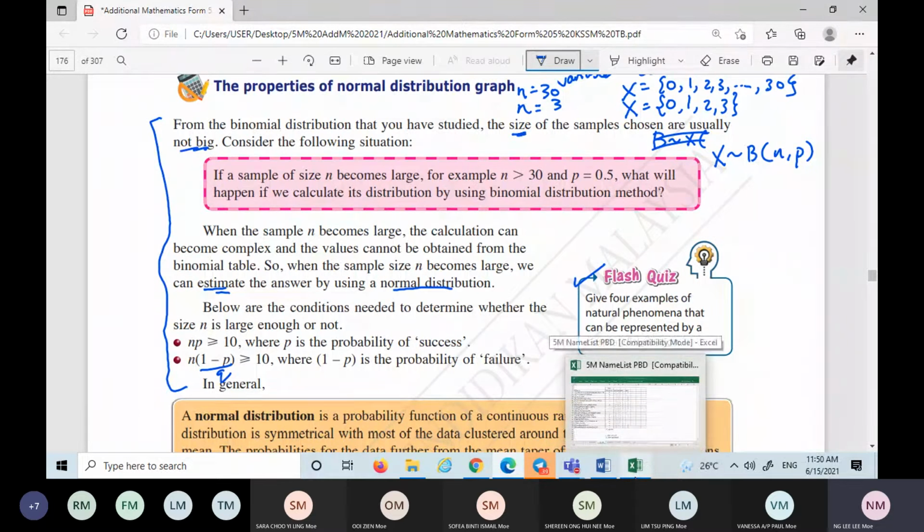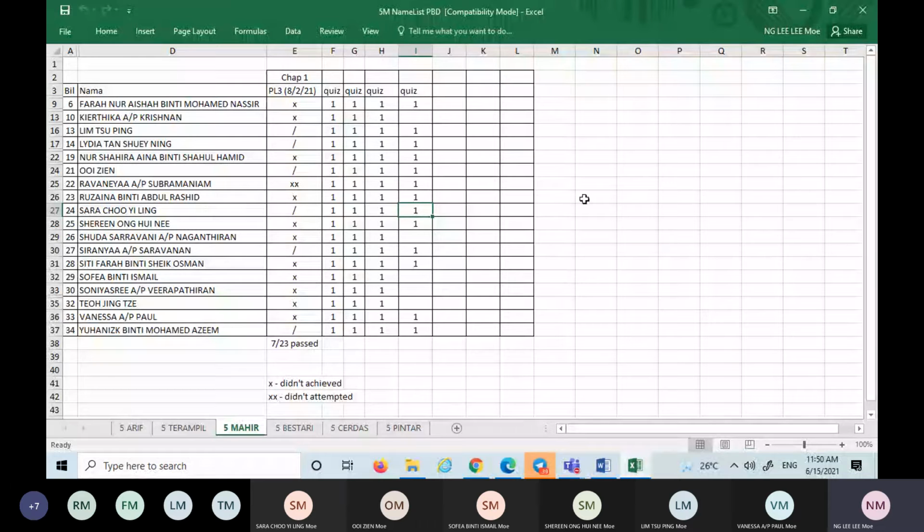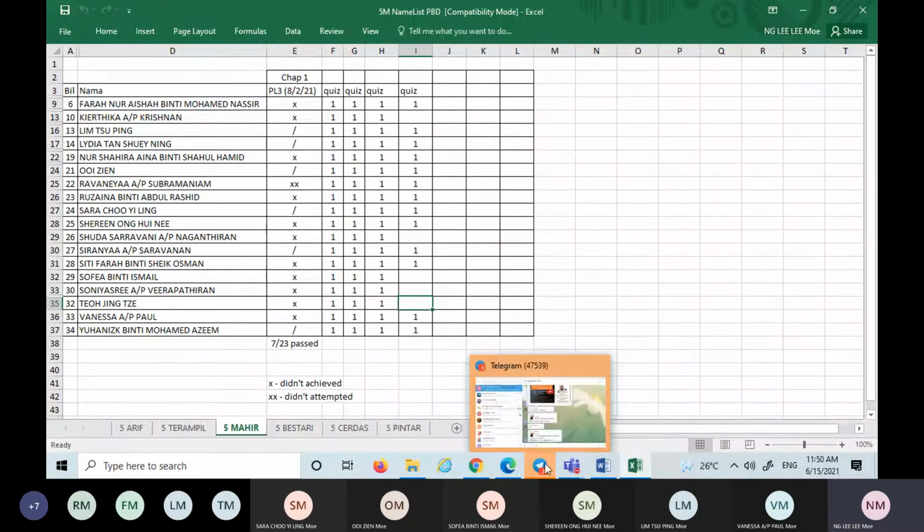Maybe I can call names here. Kritika again today not here. I see Shuda here, and then Sophia, Sonia Sri, and Teo. 4 of you can give me the answer.